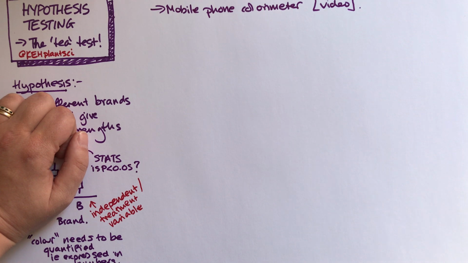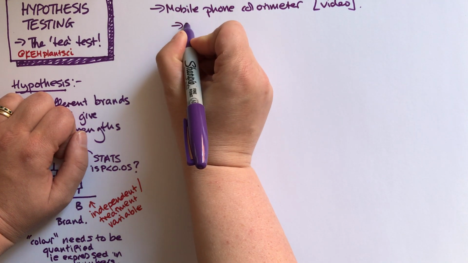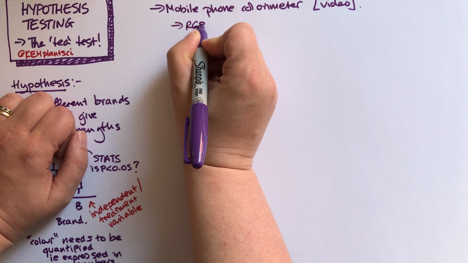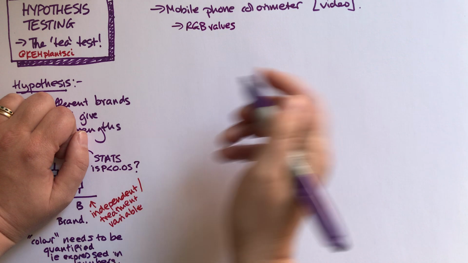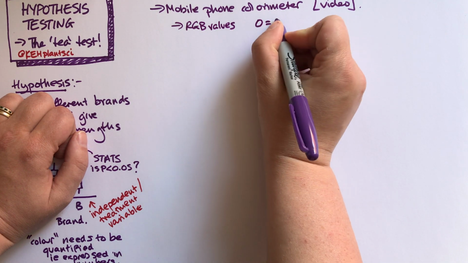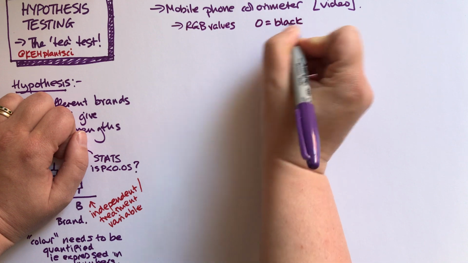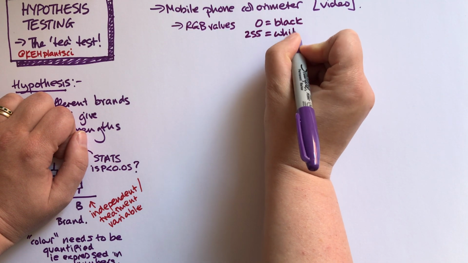Okay, and what this does is, using your mobile phone as a colorimeter, it can give you RGB values, which work as follows. 0 on the RGB scale is black, 255 is white.